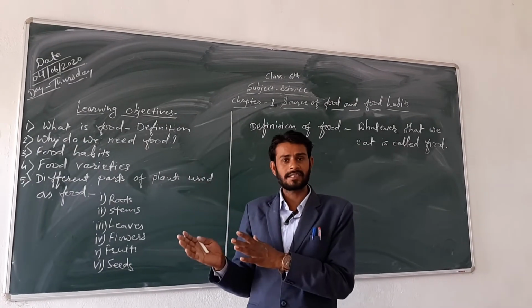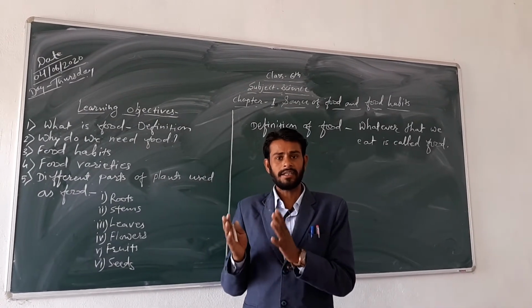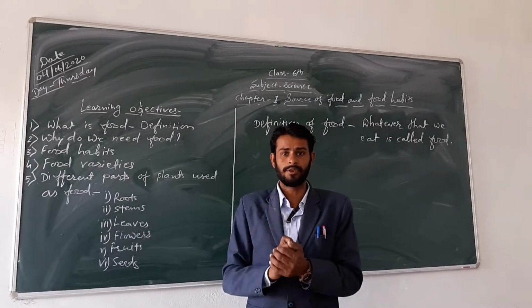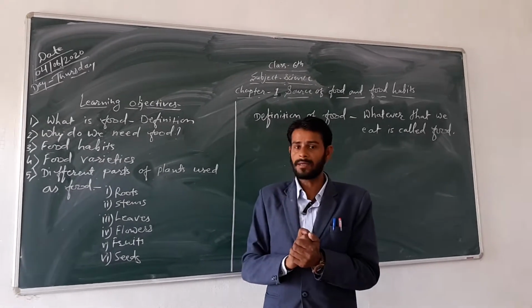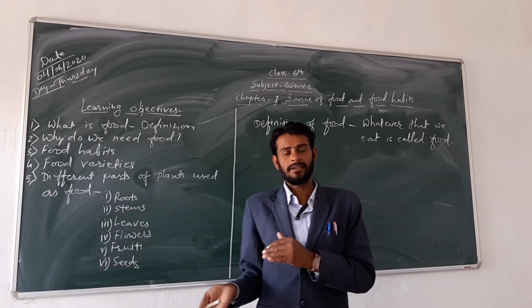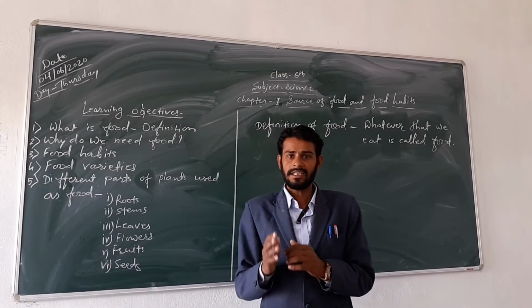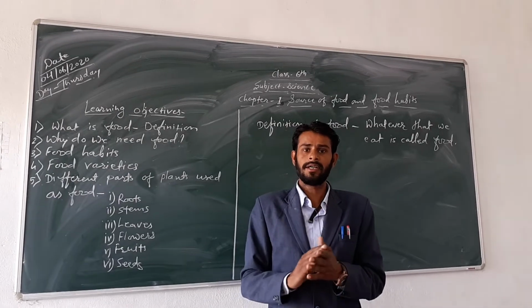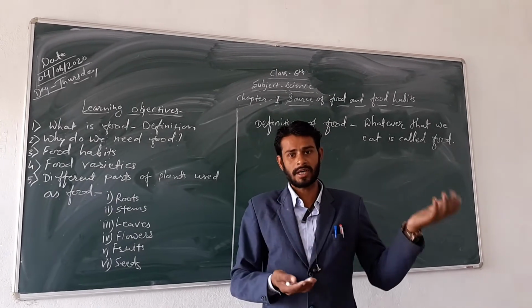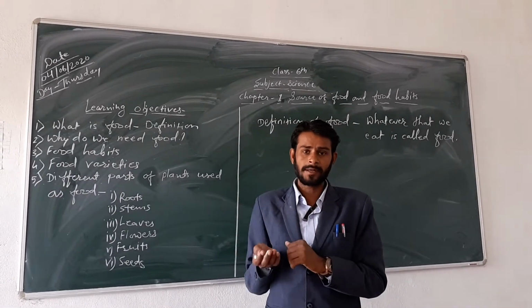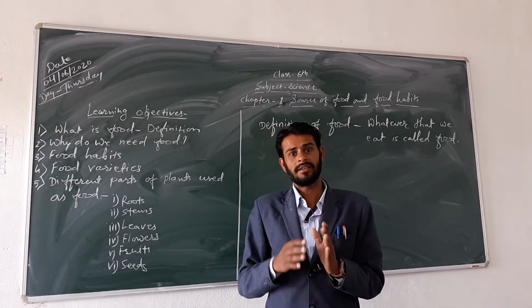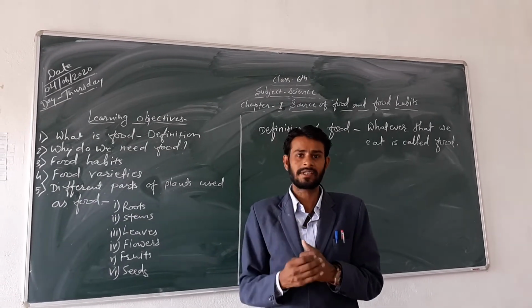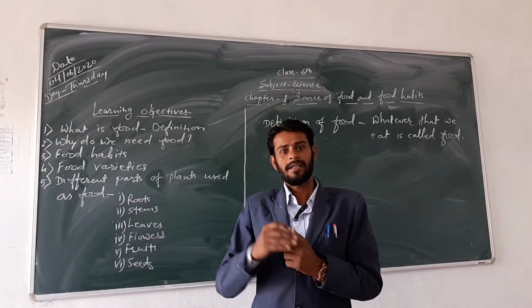In different places, people eat different kinds of food. For example, in MP, most people eat chapati, dal, and vegetables. But if we talk about Gujarat or South India, in Gujarat they eat dhokla and different types of food items.